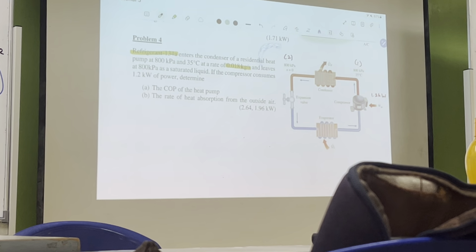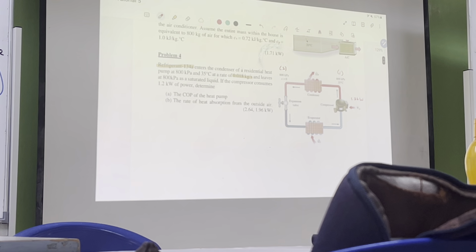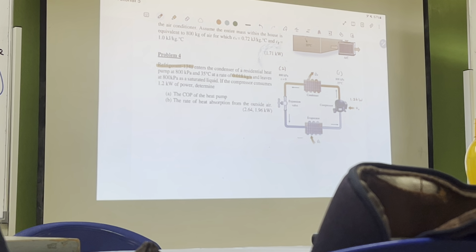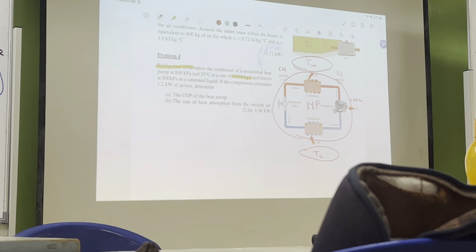So far what you learned looks something like this. This is the heat pump, and you are taking heat from the TL, and you are rejecting heat to the TH. This is what you learned so far. But now, like I said, we are zooming in, and we try to have a closer look at this thing.